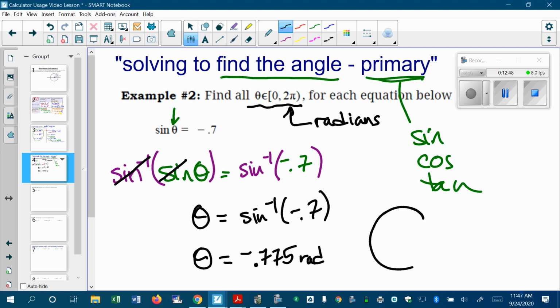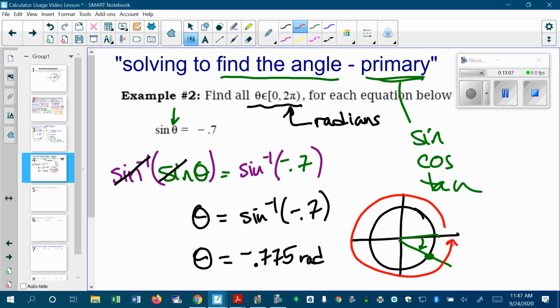Now think about your unit circle. Negative means we're rotating this way. So there's a spot here that has a sine value of negative 0.7, but it's said to find all angles going around this way from 0 to 2 pi. So two things. First thing is I need to name this angle in a positive direction rather than in a negative direction.